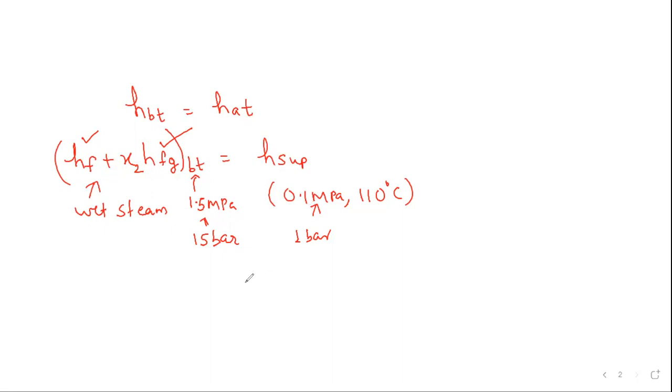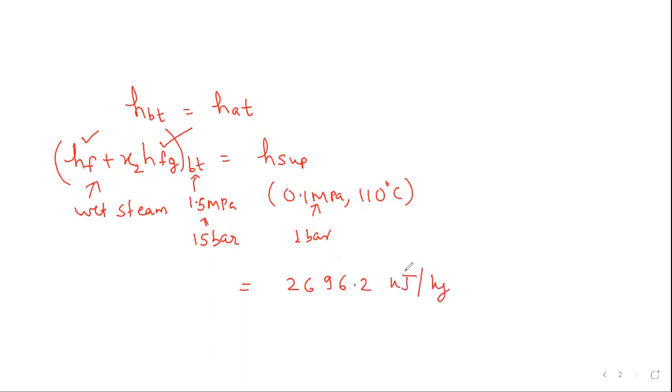So we have learned how to refer to the steam tables. From the superheated steam table, if you look at 0.1 megapascal and 110 degrees centigrade, you will find that the H superheated value comes to be 2696.2 kilojoules per kg.